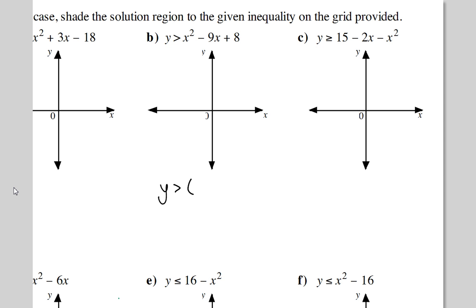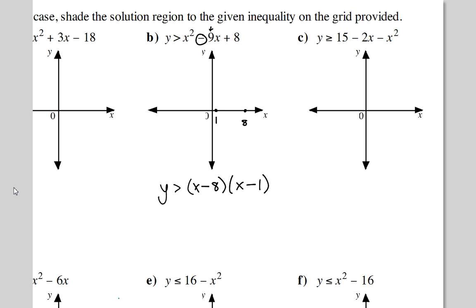Well, whenever the sum differs by 1 from the product, you're probably just going to use the trivial factors. 8 and 1, right? If they're both negative, this would be positive. So the solutions, the x-intercepts, are 8 and 1.